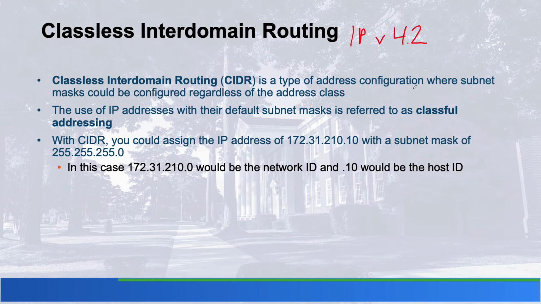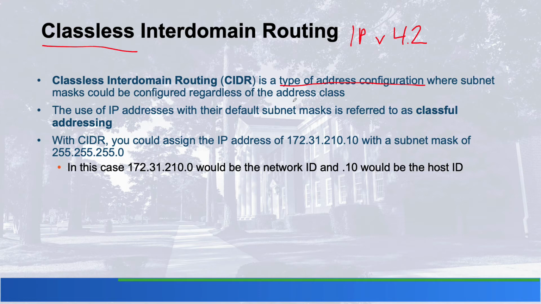So they said, we need to do away with Class A, Class B, and Class C and be able to change the network mask. And this is where classless addressing, or CIDR notation, came in. It's a type of address configuration where the subnet mask can be configured regardless of the address class.